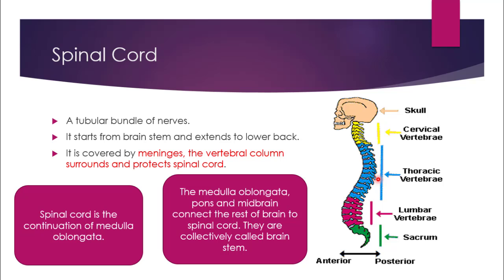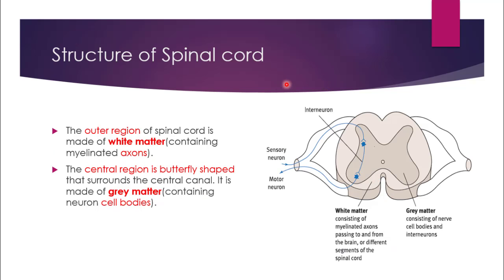So let's discuss the structure of spinal cord. In this picture, you can see the structure of spinal cord. According to this picture, the outer region of spinal cord is made of white matter. The colors in this picture are differentiating the white matter from the other one.